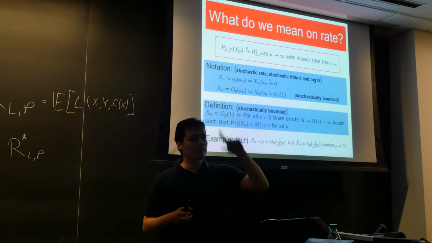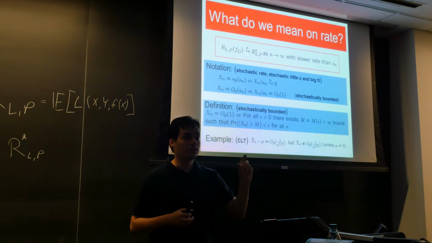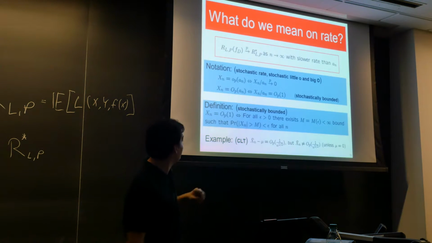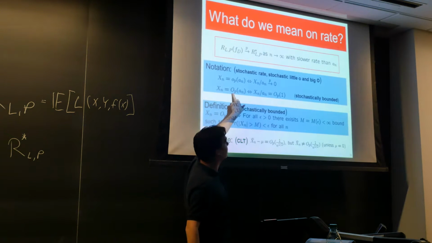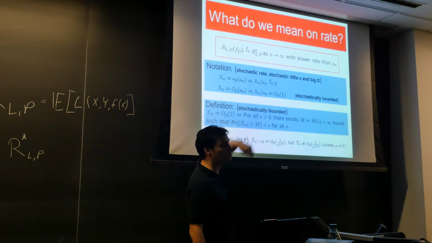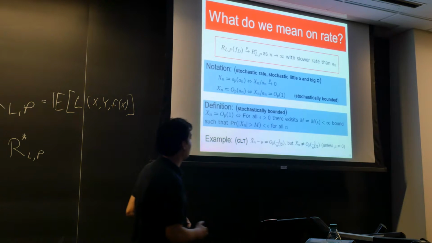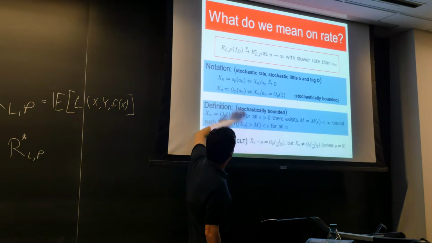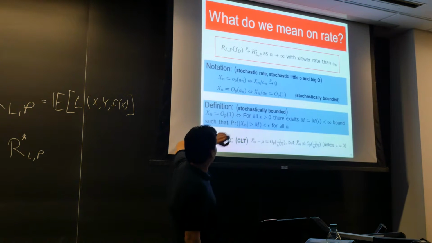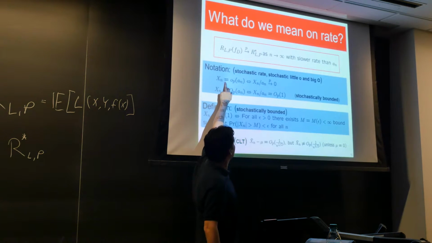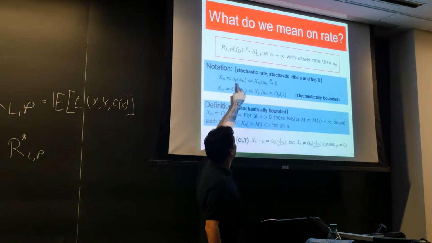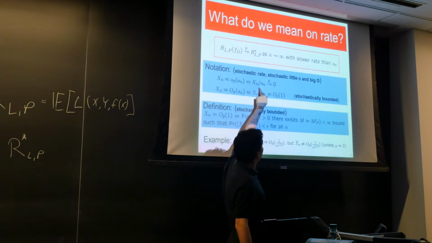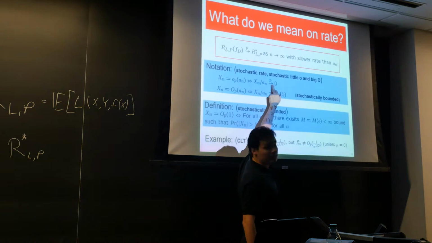But this is what we mean by it. We know the little o and big O notations for deterministic quantities. For stochastic variables, you can define little o_p and big O_p, meaning little o in probability and big O in probability. We say that x_n converges to 0 with rate a_n, using little o_p notation, if x_n divided by a_n converges to 0 in probability.